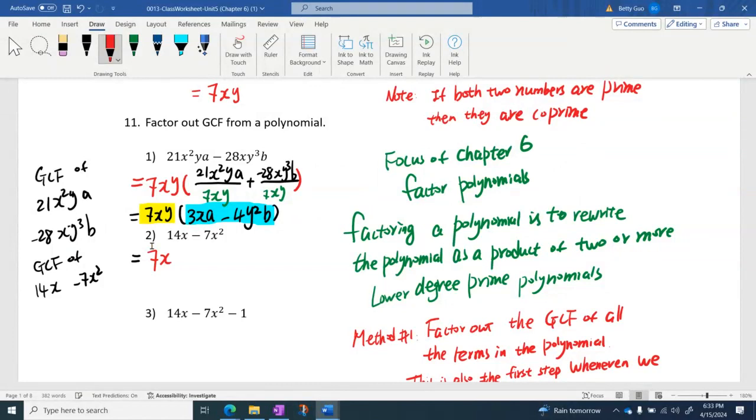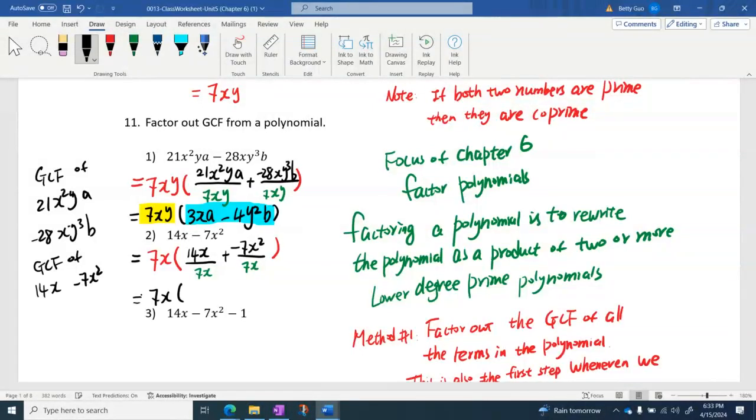The GCF is 7x, so we are going to factor that out from the binomial, and we copy GCF 7x, follow with a parenthesis, and in the parentheses you can repeat the technique that I told you. Use the original term 1 over the GCF plus the original term 2 over the GCF. And you simplify in the next step.